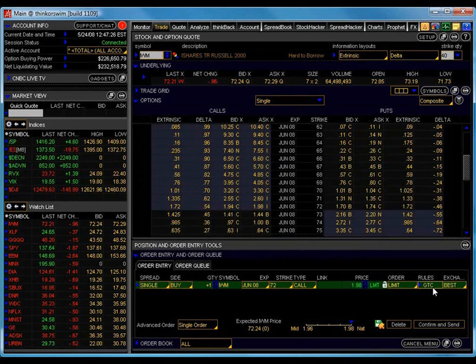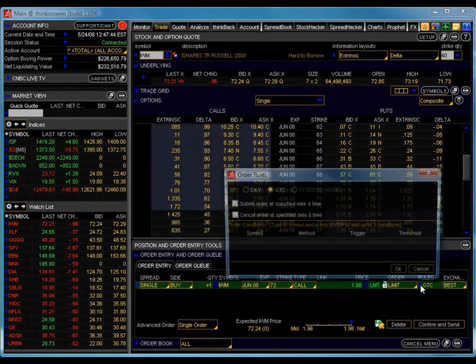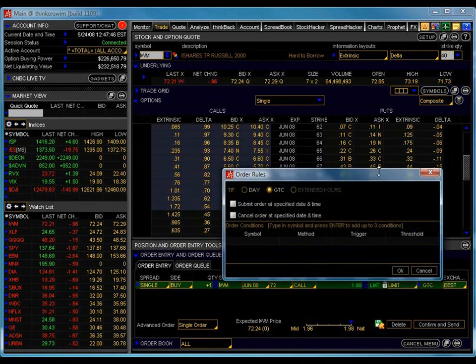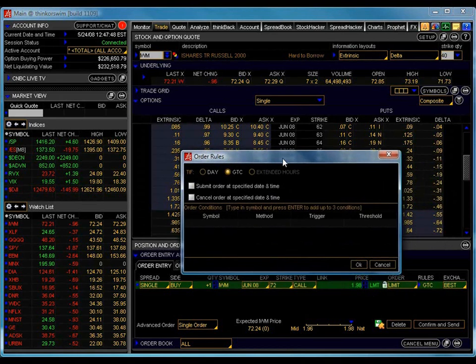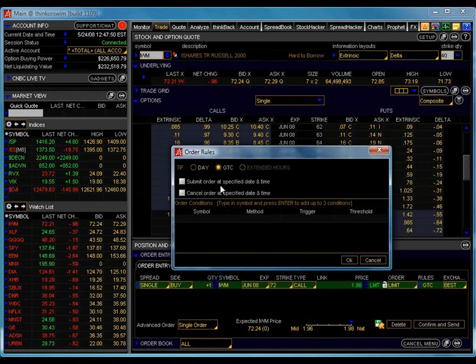That means that this order will stay on the brokerage firm's computers and will be executed at any time today, tomorrow, a week from now, or even 2 weeks from now, until this option expires for $1.98. Generally, I don't like to do those kind of orders because they're just too long for me. Normally, I do day orders.